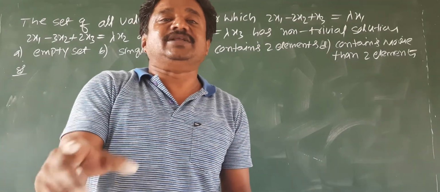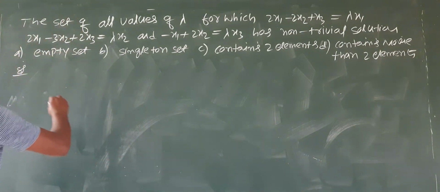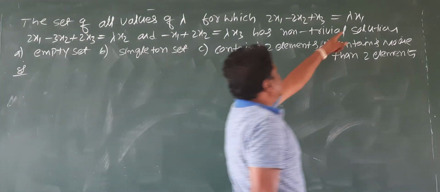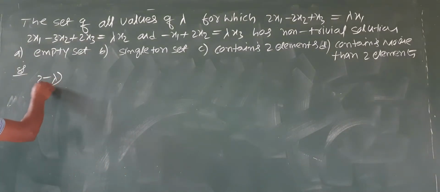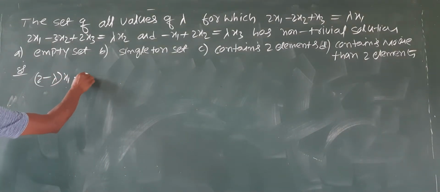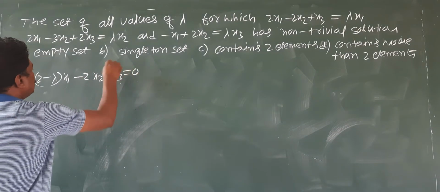Let us go forward. First rearrange the equations. Bring the lambda x1 to this side: (2 minus lambda) x1 minus 2x2 plus x3 is equal to 0.